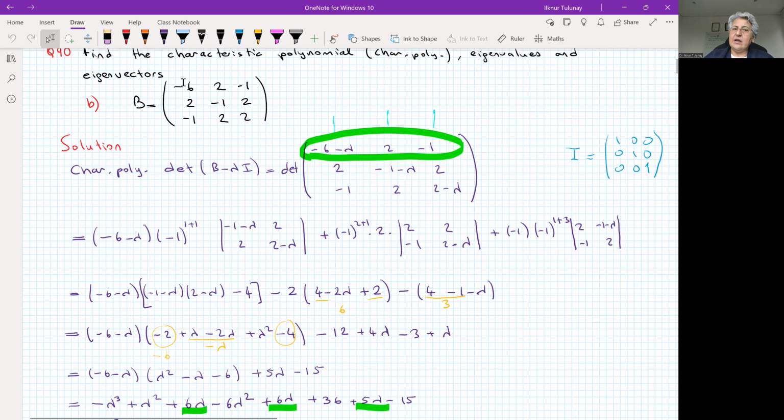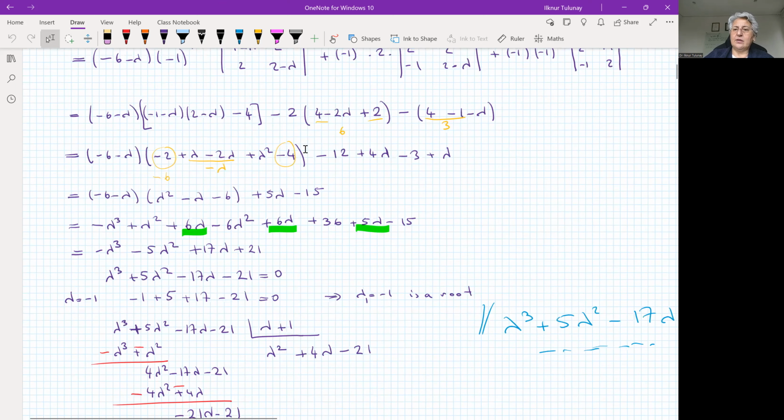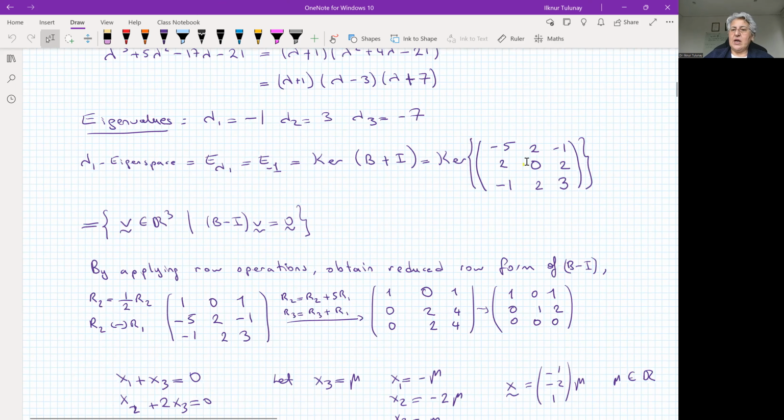So you will have 5 minus 5, 0, and 3. And the others will be the same. Minus 5, 0, and 3. Others are the same. We need to calculate this kernel. This is a subspace, which has infinitely many vectors in it, right?